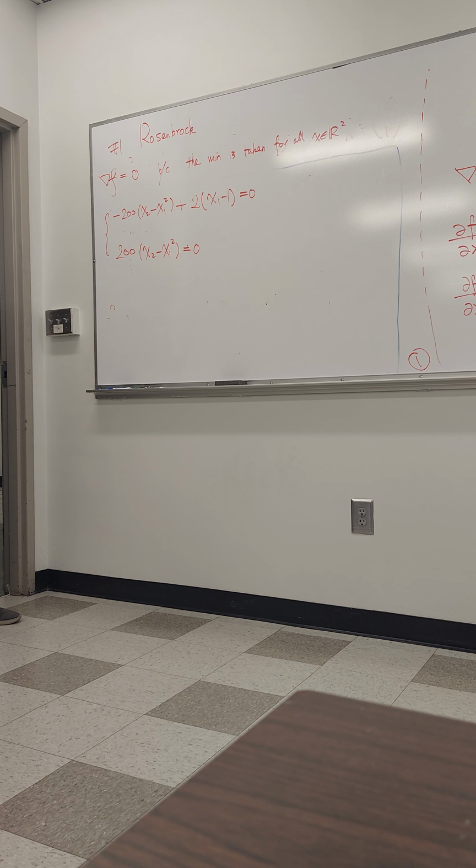So this is the famous Rosenbrock function, and everything is squared, right? So we have this term squared, and it's been multiplied with a positive number.